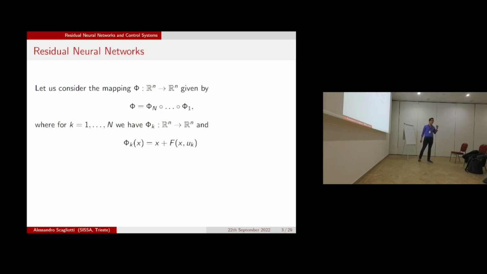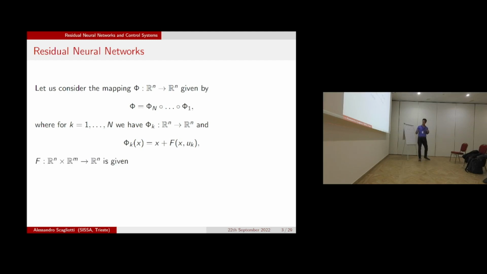Okay, so what is a residual neural network in this framework, in these notations? For me, a residual neural network is a mapping phi from Rn to Rn, which is given as the composition of capital N elementary mappings. Each of these mappings has a very particular structure. For each k, the kth layer, if you use the common language of machine learners, is given as the sum of the identity function plus a function f that depends on the state and on a parameter uk.